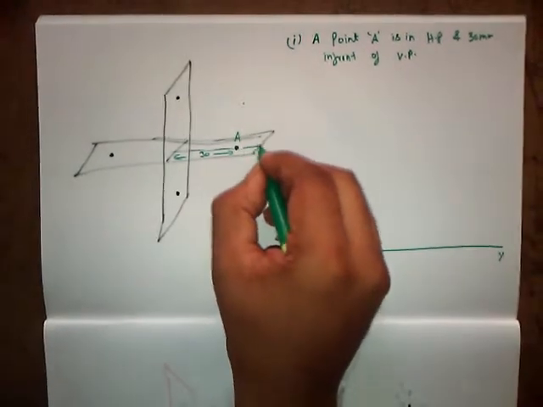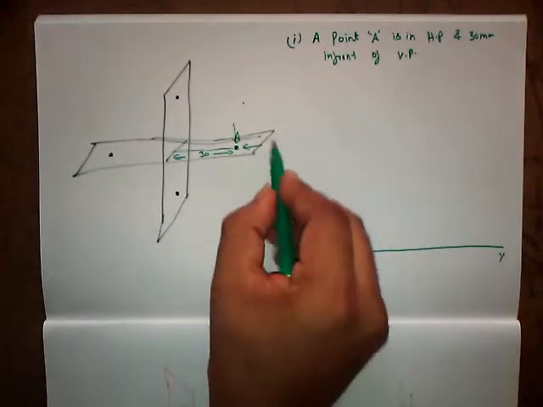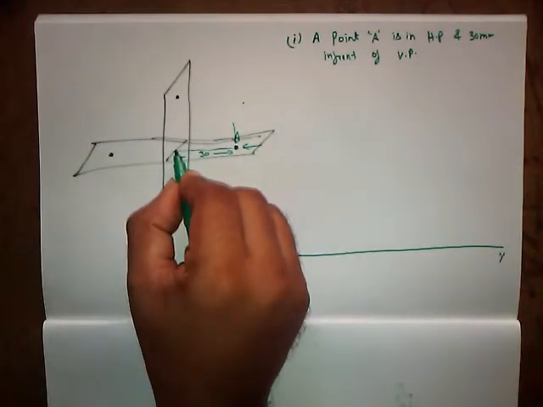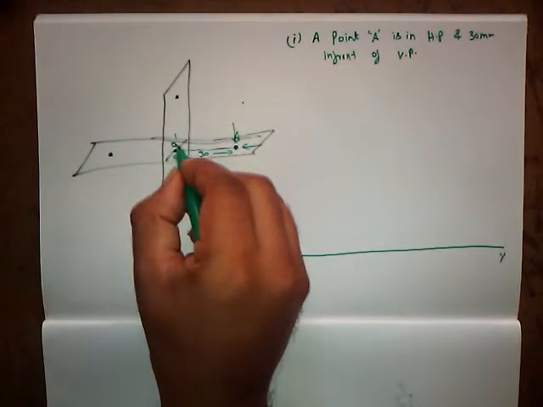So when I project horizontally and vertically, when I project horizontally, this point is going to project onto the XY reference line, so it is going to be A dash.